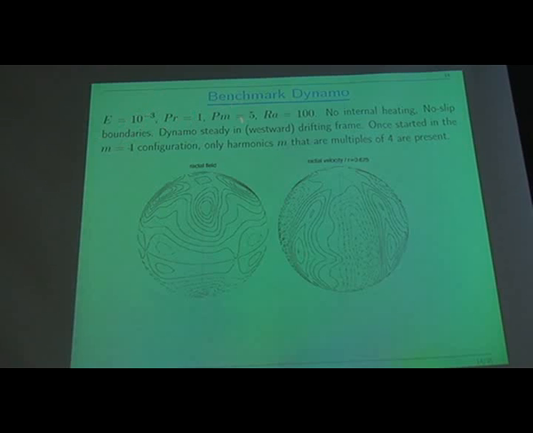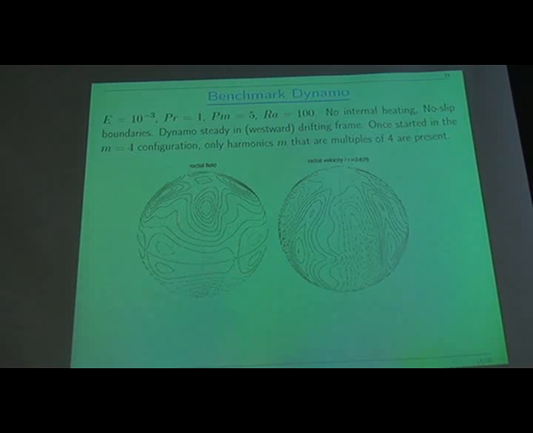Prandtl number 1, magnetic Prandtl number 5, because that makes dynamo action simpler at these comparatively higher E, and a modest Rayleigh number of 100, and no internal heating, no-slip boundaries, so this is the standard case. In a sense, this is why the standard model has come into existence, because of this benchmark.